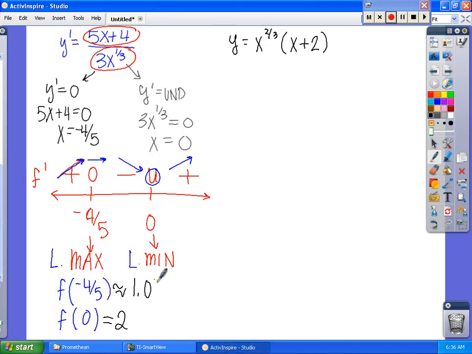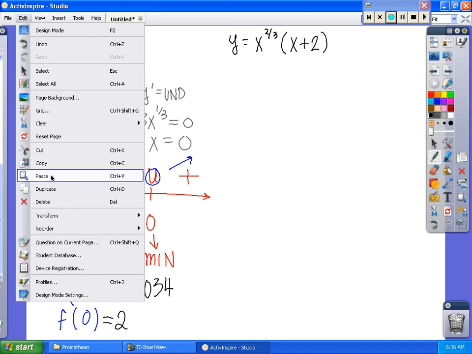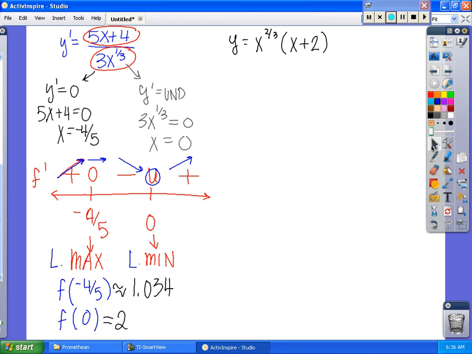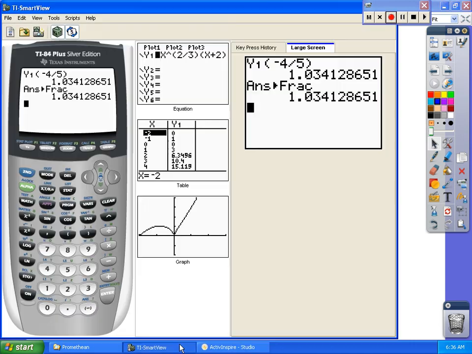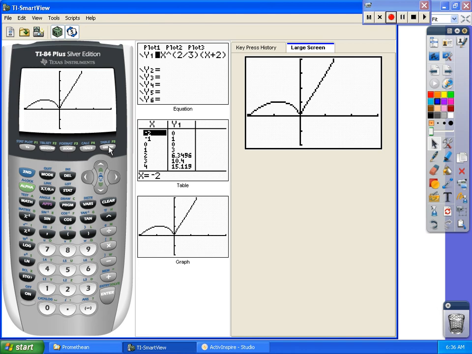And I will paste in the graph, if I can get it. Oh, did it not come in? Well, I can show the graph, and I'll steal it back over. So here's the graph.